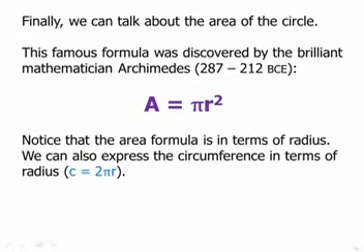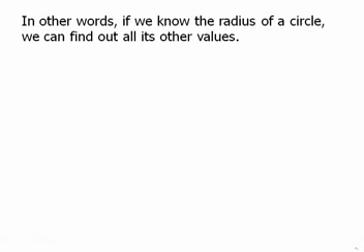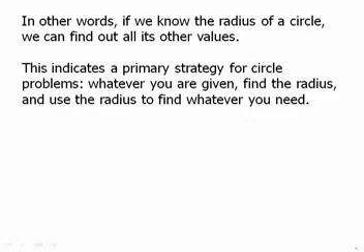We can also express the circumference in terms of the radius. So what that means is, if we know the radius of a circle, we can find all its other values. This indicates a primary strategy for circle problems. Whatever you're given, find the radius first, and then use the radius to find whatever else you need. That is a really important mindset to have when you're dealing with circles.